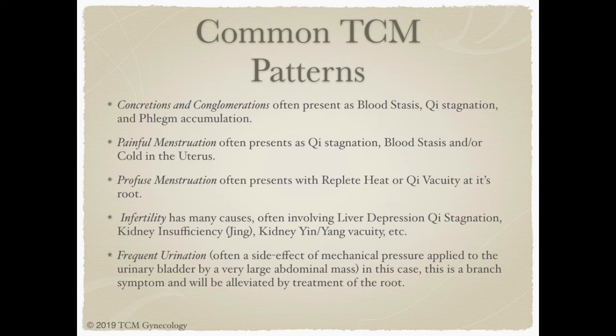Infertility may have many causes. It's a secondary manifestation of several common Chinese medical disease patterns. Frequent urination, again, this is something that you can look at as a secondary symptom. And when you understand, especially if there's concretions and conglomerations involved, when you break those up, that symptom usually abates.